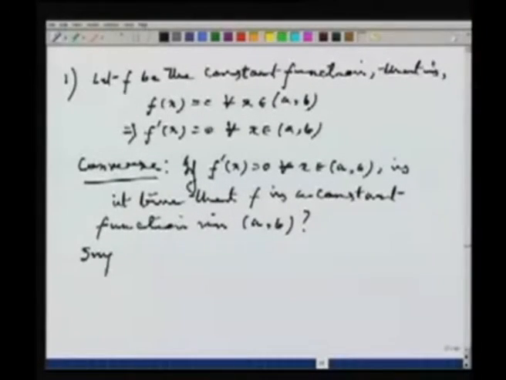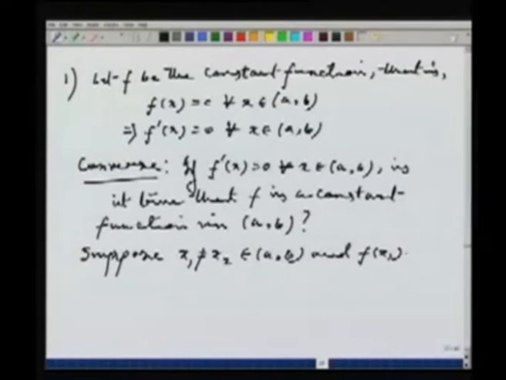Suppose not, suppose the answer is no. Suppose x1 not equal to x2 belong to the open interval a b, and f(x1) is not equal to f(x2).